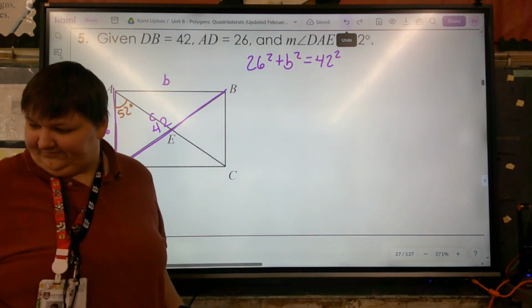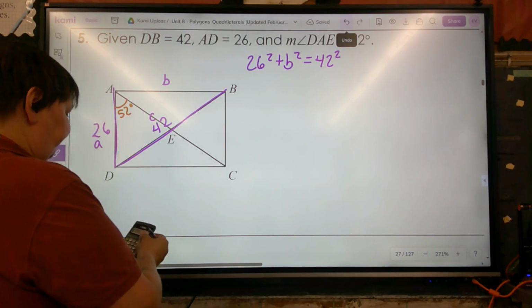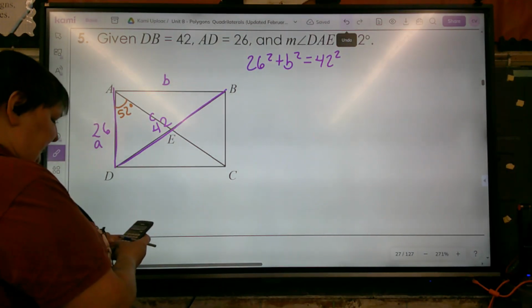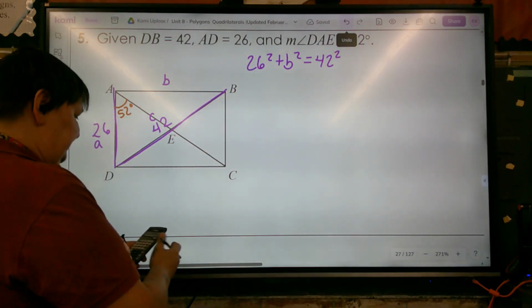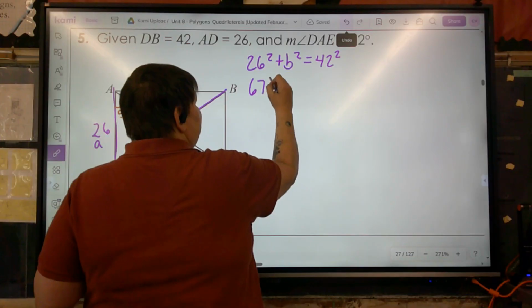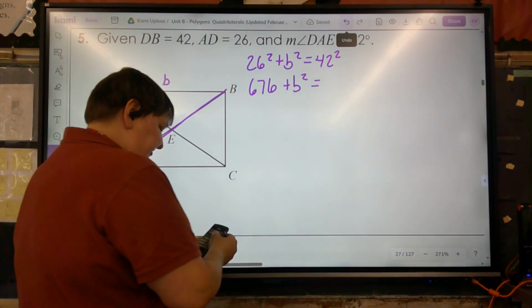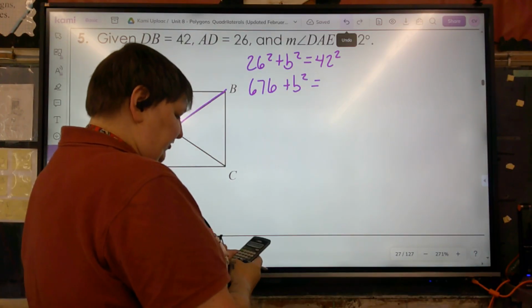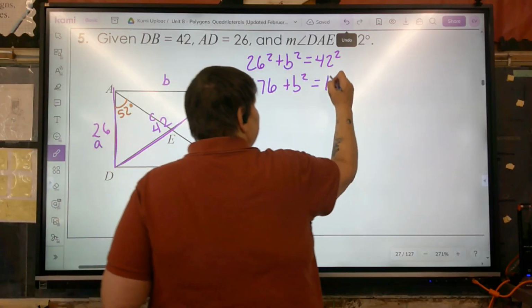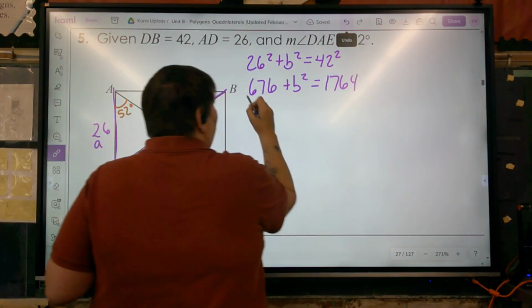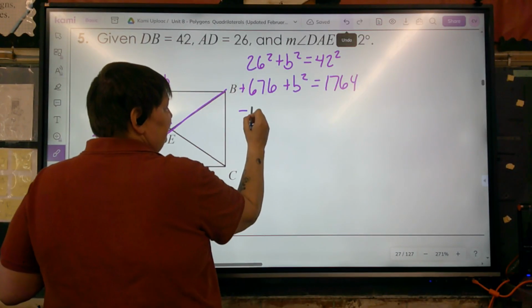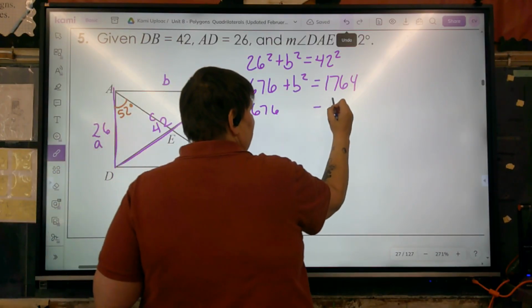Let's get our calculator. 26 squared, 26 times 26, 676, plus B squared equals 42 squared, 1764. This is a positive 676, so we're going to subtract 676.